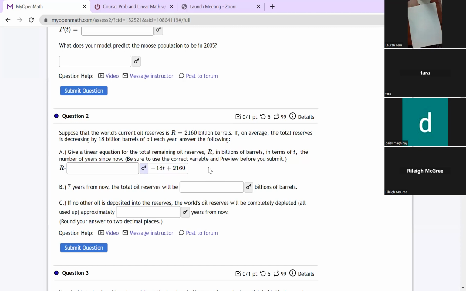This is an exercise to be sure that you know how to interpret that. And then from there, in this part, you would plug in T equals 7. And then here, we want to know when our reserves are 0. So you would set this guy equal to 0. You with me here?